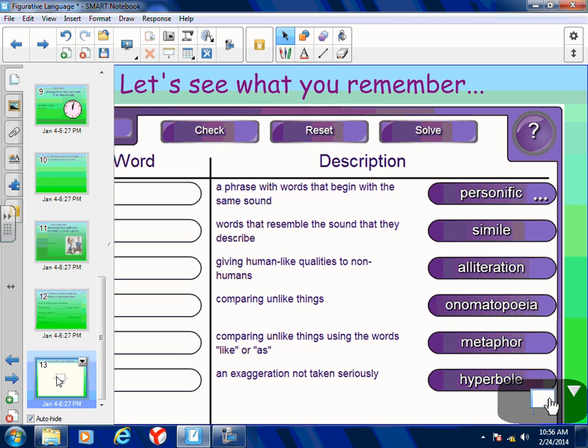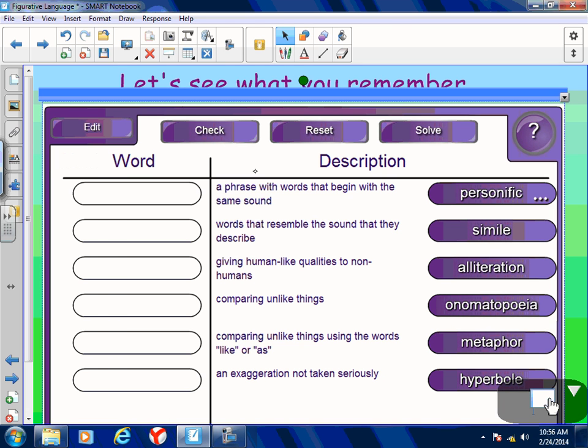Let's see what you remember. In this exercise, you are going to put the words personification, simile, alliteration, onomatopoeia, metaphor, and hyperbole in the space, matching each with the sentence. A phrase with words that begin with the same sound. Okay, what do we call this? Yeah, that's right.